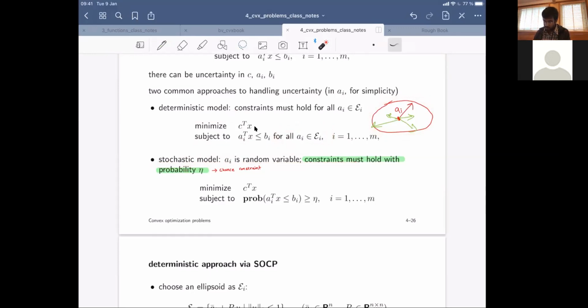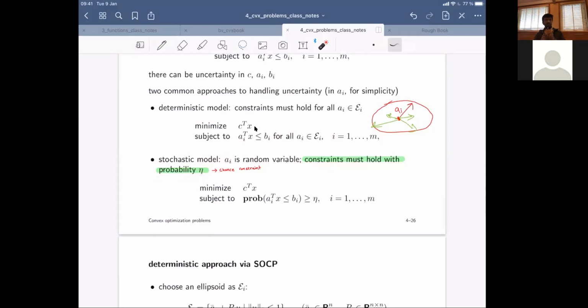In contrast to the problems that we discussed here, the constraints must hold with a chance. So my constraint is A transpose X less than or equal to B, but it holds with a probability, for example, 0.9.